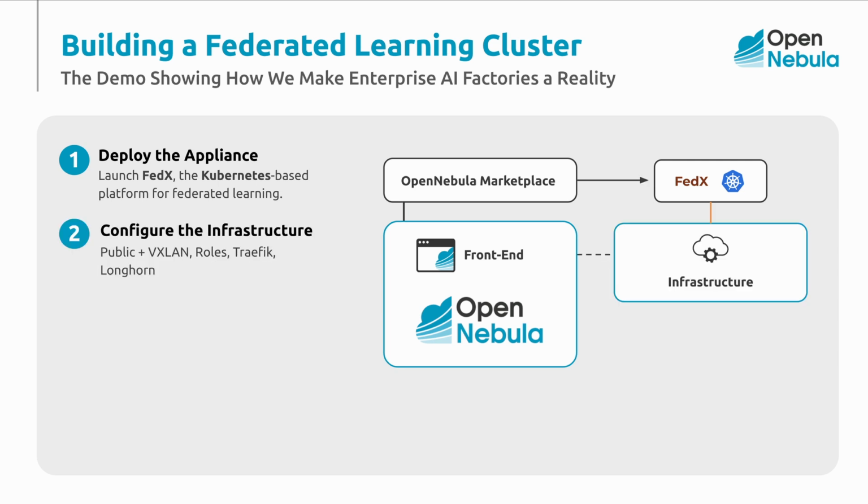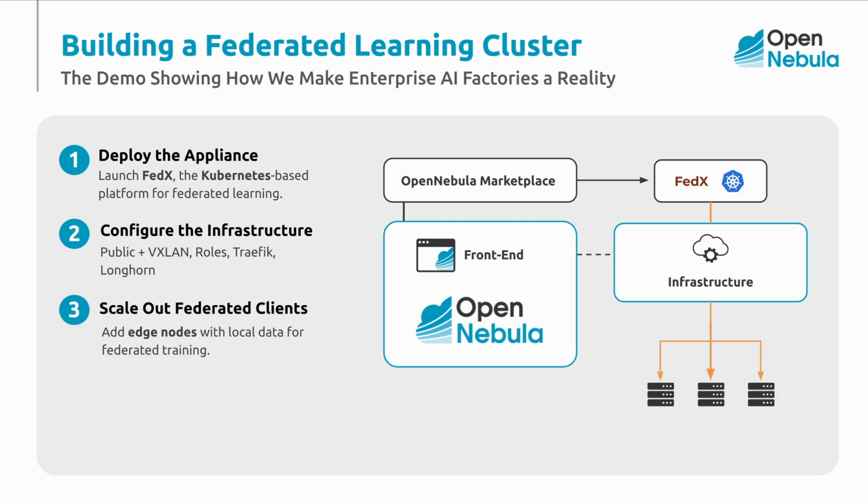Configure the infrastructure. We set up networking, assigning both public and VXLAN interfaces to support secure internal communication across multiple sites. We also define the roles for the control and client nodes. Scale out federated clients. Then we are going to deploy edge nodes in different regions, each running Docker and attached to its own dataset.